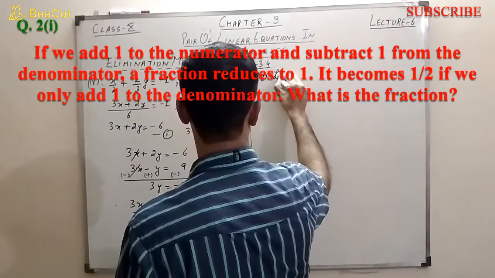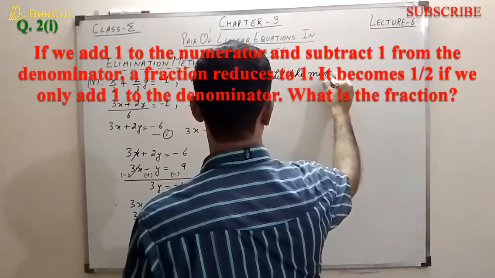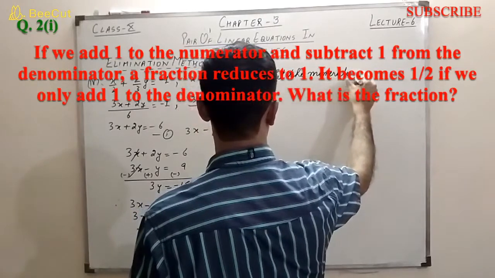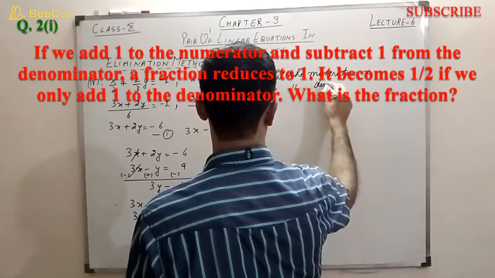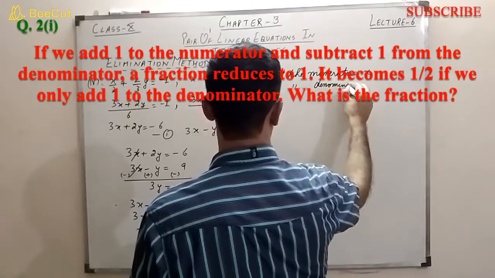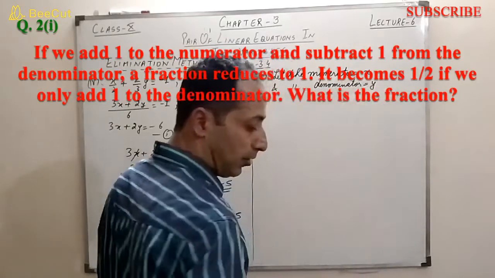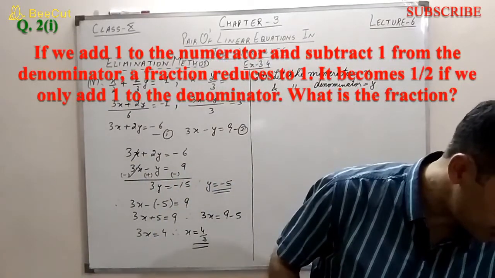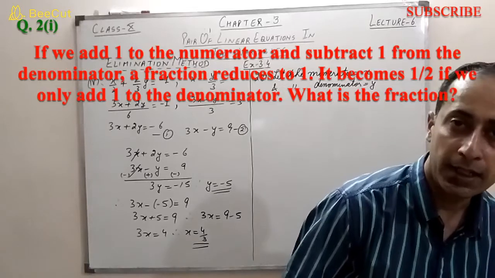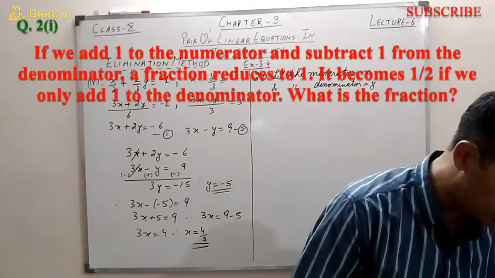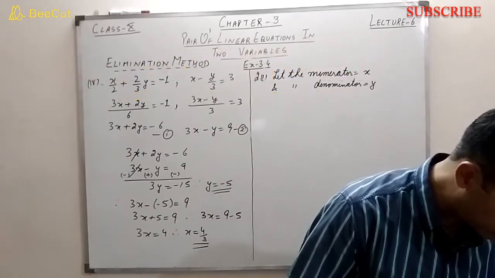So let the numerator be equal to x and the denominator equal to y. Now what is the condition given to us? If we add 1 to the numerator and subtract 1 from the denominator, the fraction reduces to 1, right?